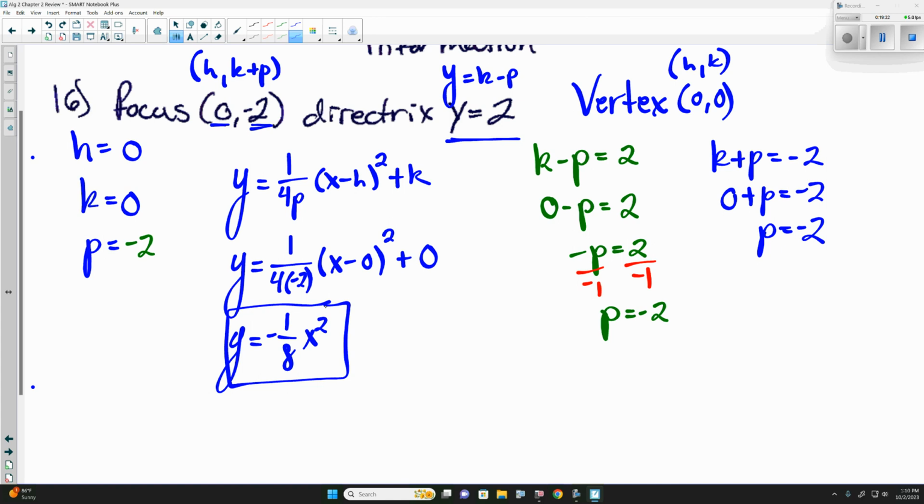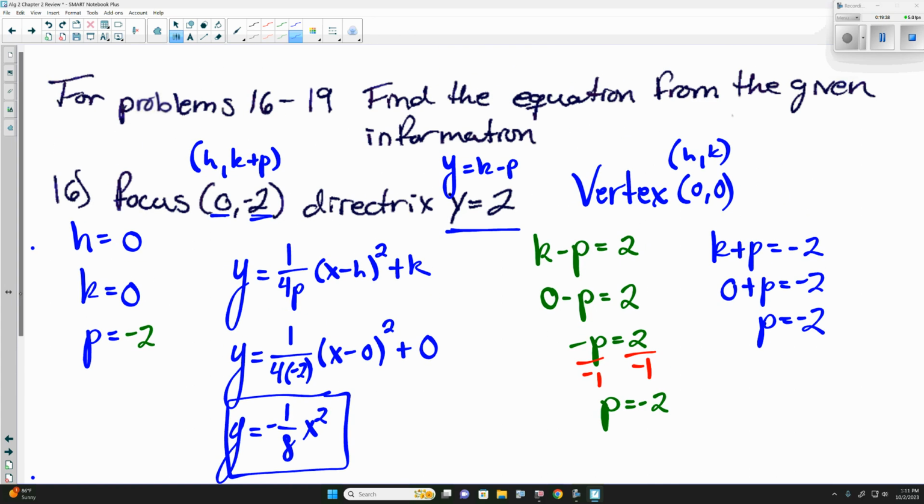So if the vertex is 0, 0, it always is on these, then we can just do the 1 over 4. Because if the vertex is 0, 0, h and k are always 0. So in this form, h is just 0.